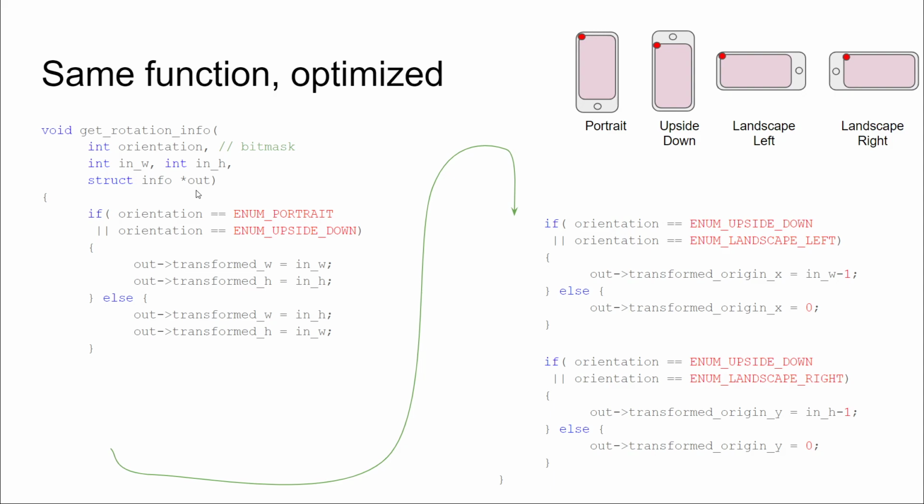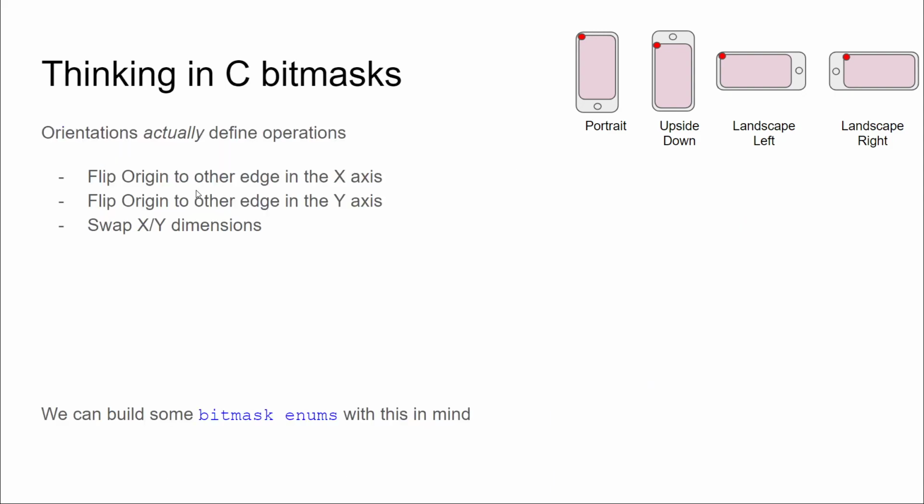But you now have to do 2 checks in each if statement, because there's 2 conditions that reach the same code every time. So thinking about it a bit more clever, we can actually do something else.